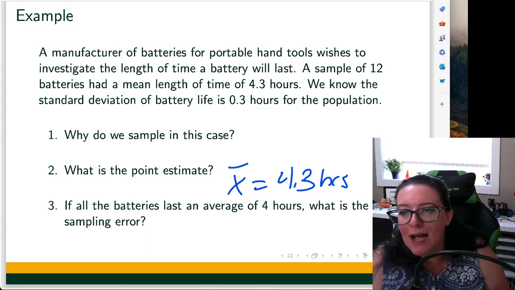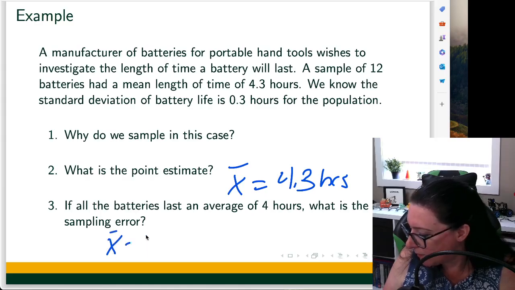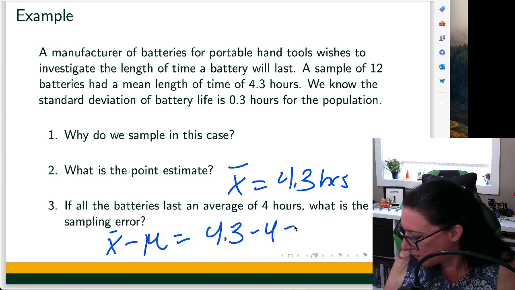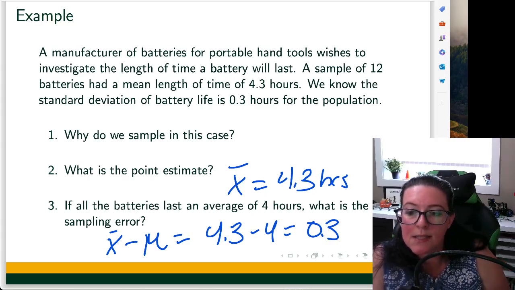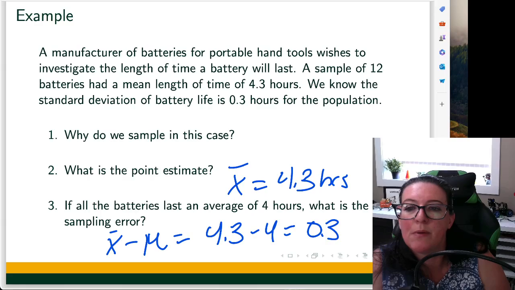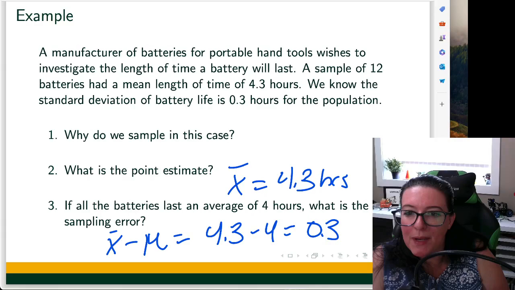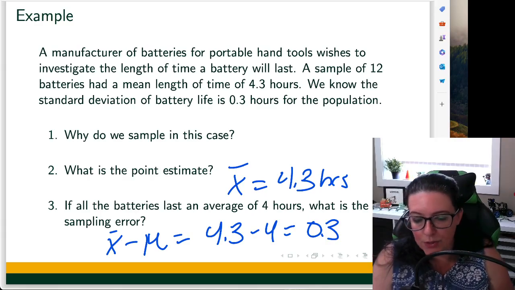If all batteries last an average of 4 hours, what is the sampling error? The difference between our sample average and our population mean is 0.3 hours. So we have a sampling error for this particular sample of 0.3 hours.